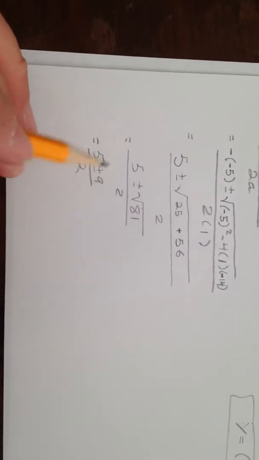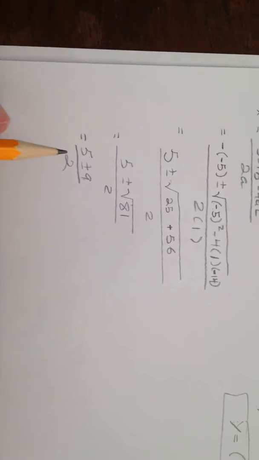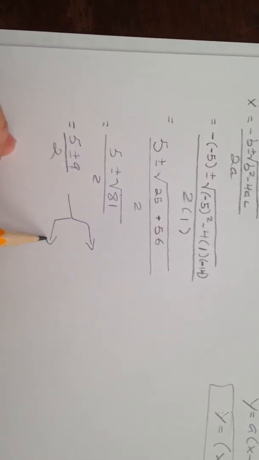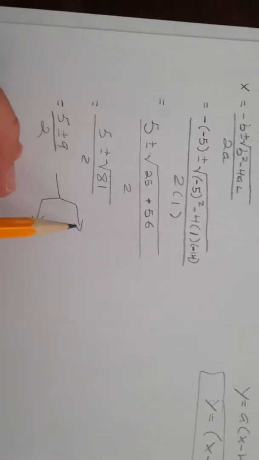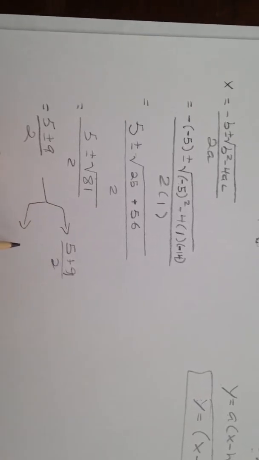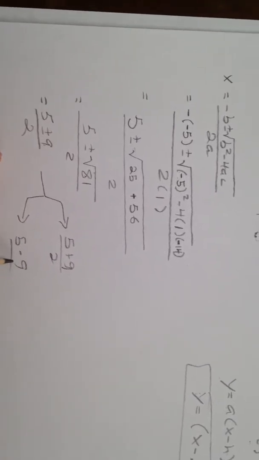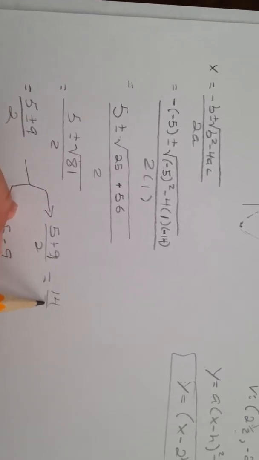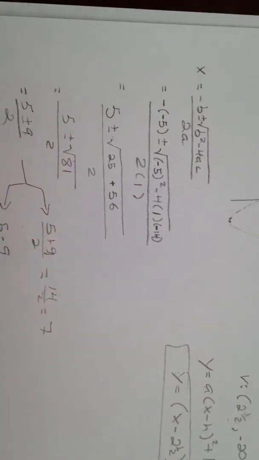Now, right here, let me show you how to write this. Because you're actually going to write two equations. You're going to say 5 plus 9 divided by 2, and you're going to say 5 minus 9 divided by 2. 5 plus 9 is 14, and 14 over 2 is 7.